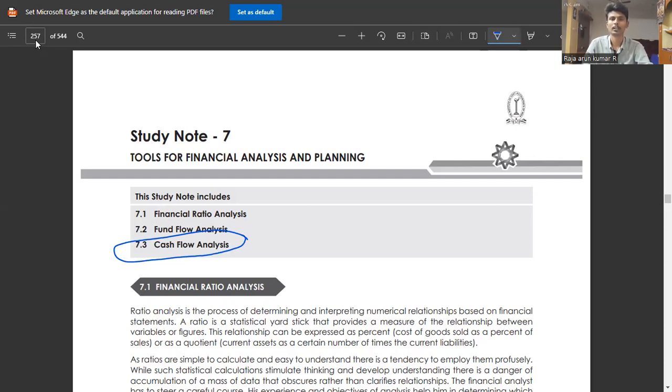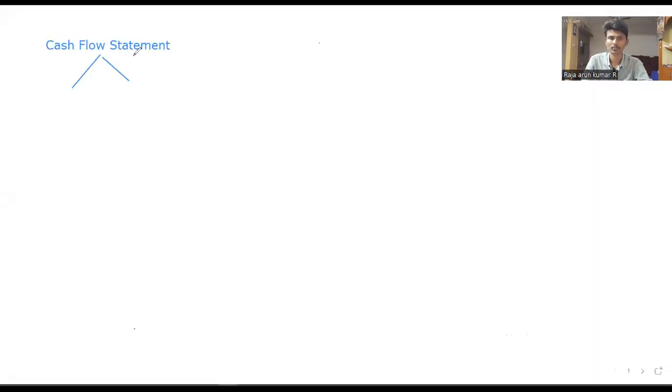I take a whiteboard. Yes, the cash flow statement. The cash flow statement comes in both subjects: first FM, and second company accounts. In FM also, they compulsorily ask it. In the last attempt also, they asked a 12-mark question.